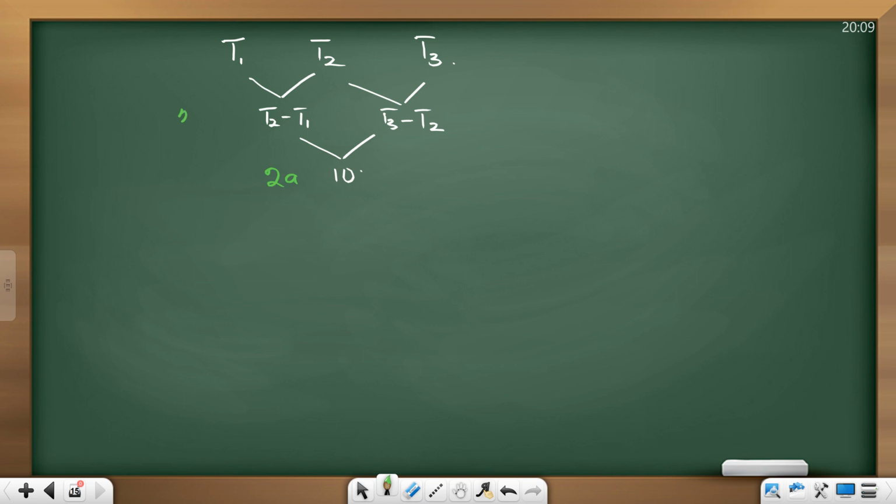Already, because these two are equal, the idea is to write it in terms of each other. T1 plus T2 plus T3.